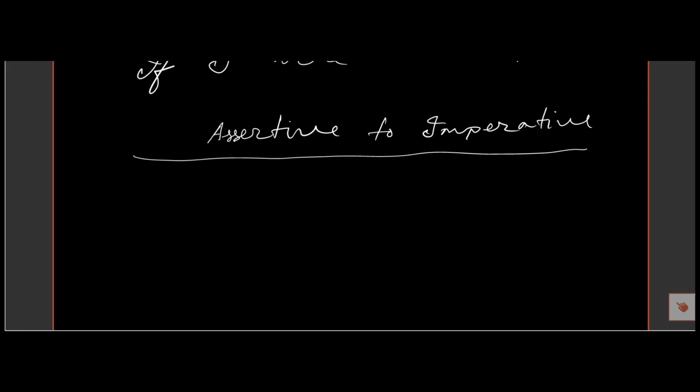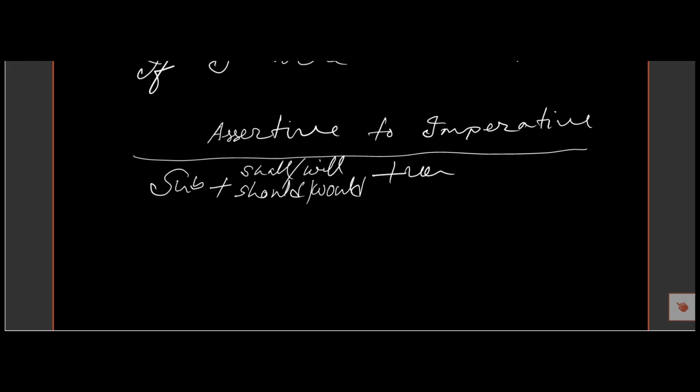We know assertive sentences. If we want to change assertive to imperative, then the assertive structure will be in that position: subject, then shall or will, should or would, and then verb plus object.